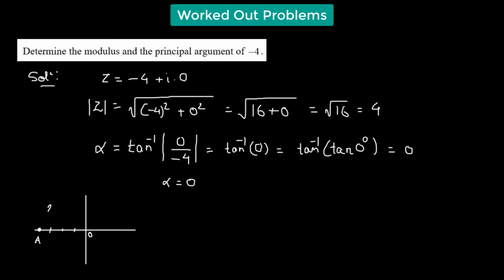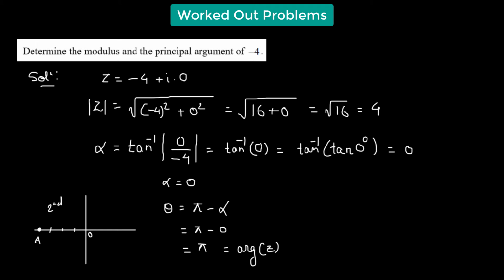Since we are in the second quadrant, our theta value will be equal to 180 minus alpha, and that gives us pi, which is 180 minus 0. So our theta value is going to be equal to pi. So this is the value of the argument of the complex number z.